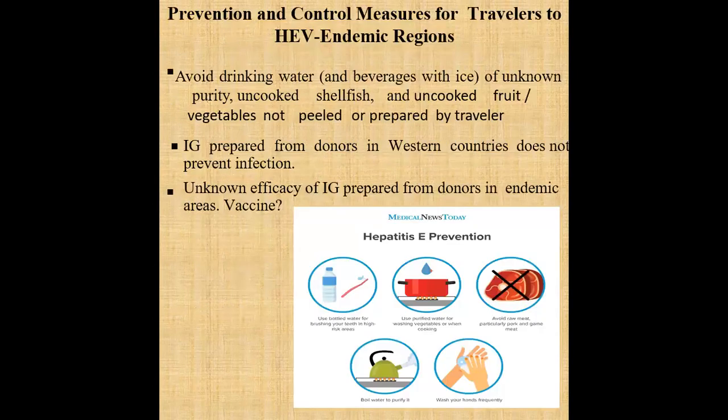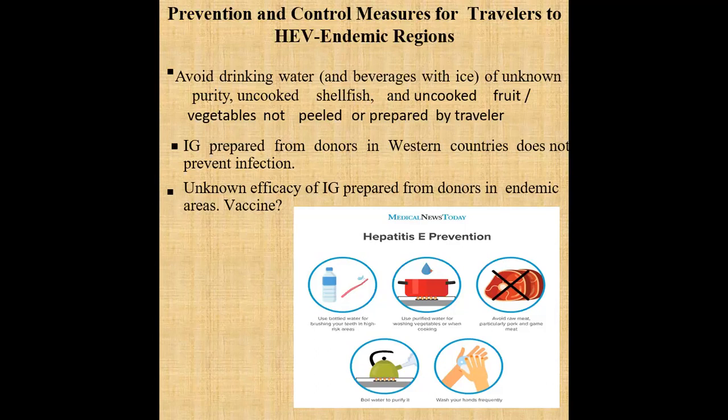Prevention and control measures for travelers: avoid drinking waters of unknown purity, uncooked shellfish, and uncooked fruits as well as vegetables not peeled or prepared by the travelers. When traveling, if possible, always use cooked material or boiled drinking water.